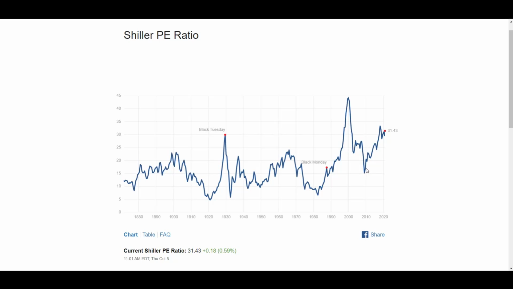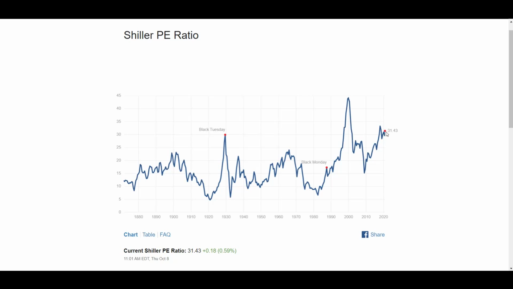And then you can see we've been steadily on this upward trajectory since 2008. You can see the blip, that's probably last year, 2018, 2019. And you can see at the moment we're around 31.4.